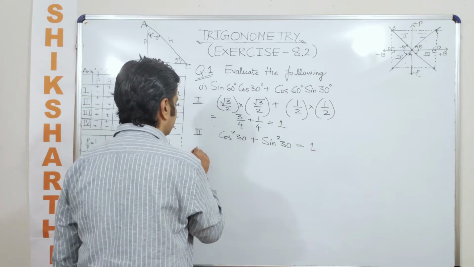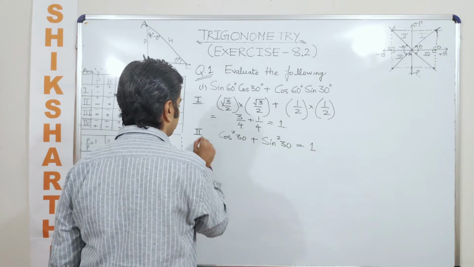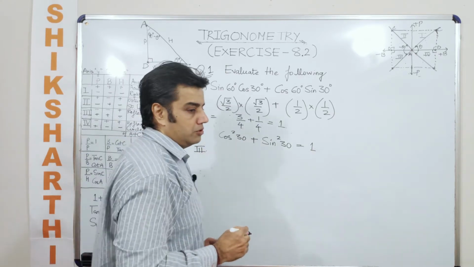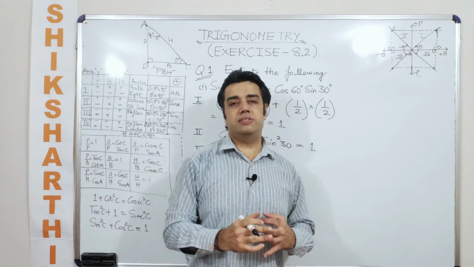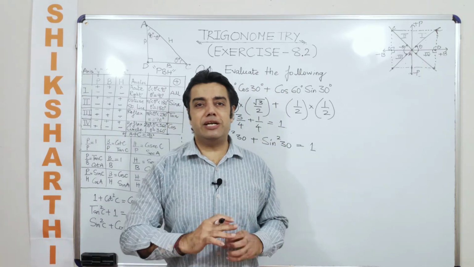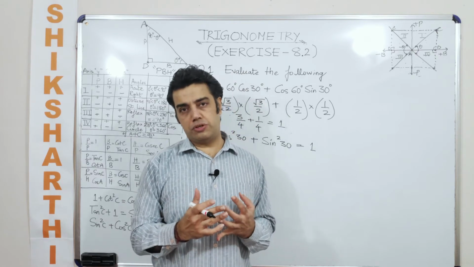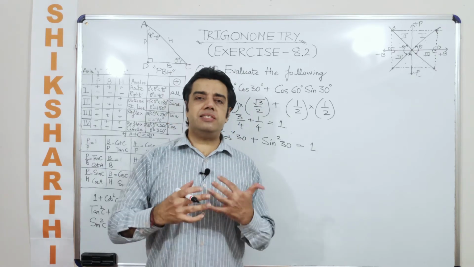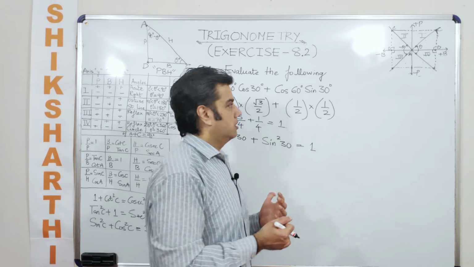The third way here is an independent way, and you can say it is a cure for all kinds of questions on trigonometry. And what is that? Just use PBH.